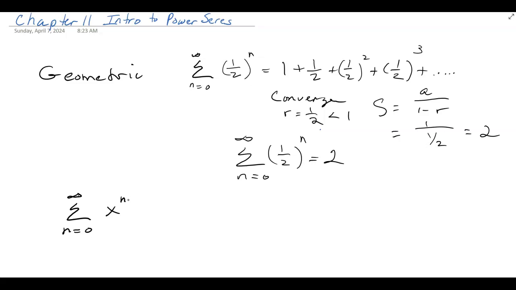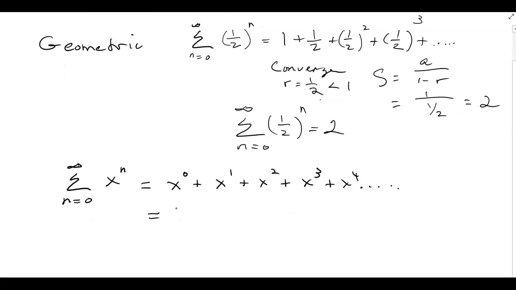We'll define the actual power series in a little bit. But what does this look like? Well, if I were to expand our power series of x to the n, you end up with x to the 0 plus x to the first plus x squared, and you get the idea. Now, real quick, I'm going to replace that x to the 0 with 1.